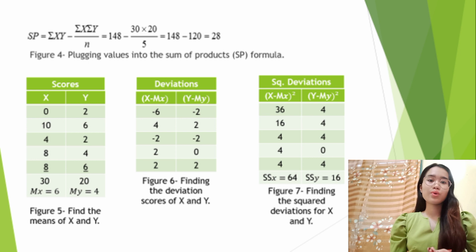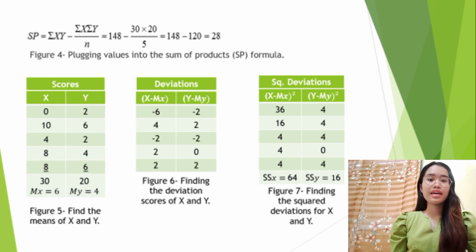Do the same for the scores in the y column to find the deviation scores for y. Figure 6, finding the deviation scores of x and y. Next, square each deviation value to find the squared deviation of x and y. Then, sum the squared deviations for x and y to find SSx and SSy.